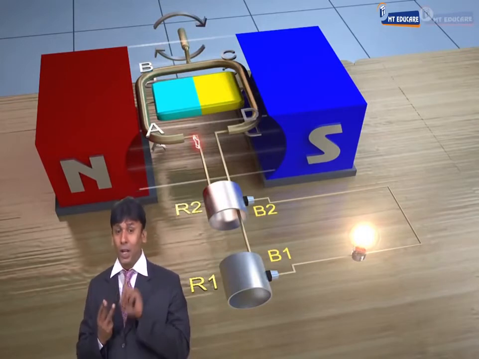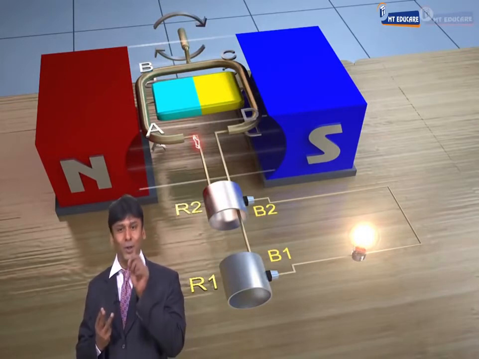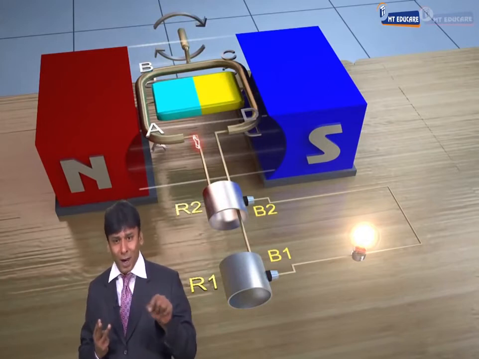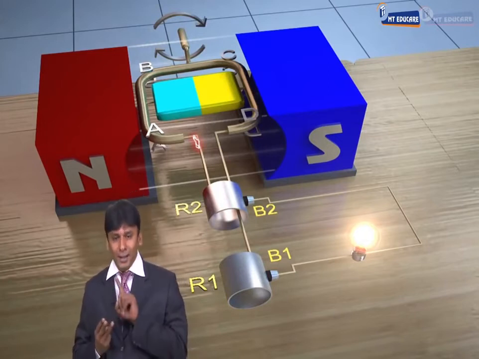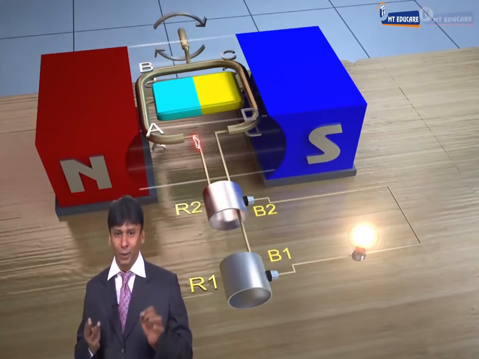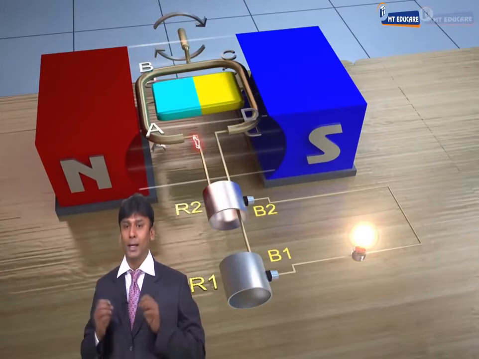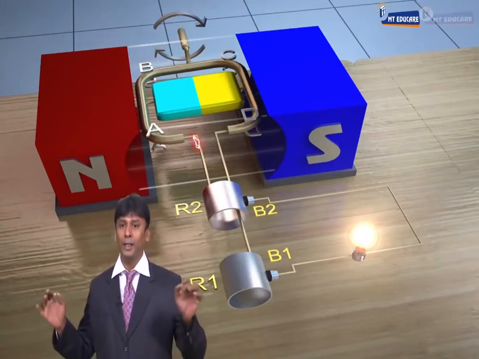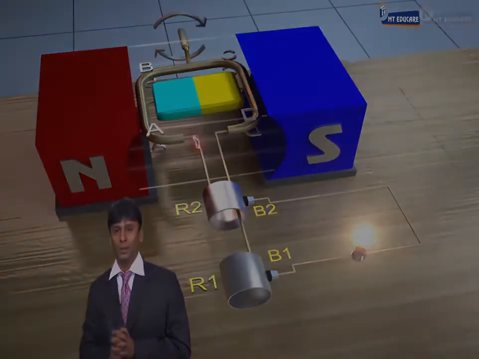Third point, the current flows through the brush B1 in the first half of the revolution, and the current flows through the brush B2 in the second half of the revolution. Hence, the current is of alternating nature, right?